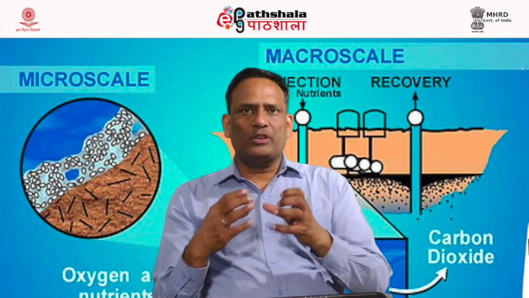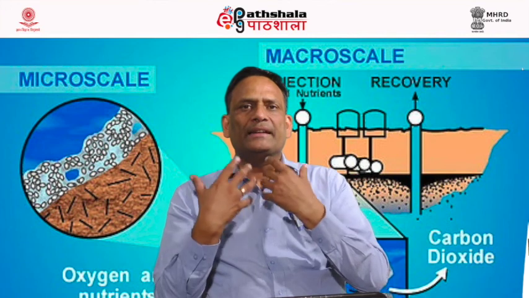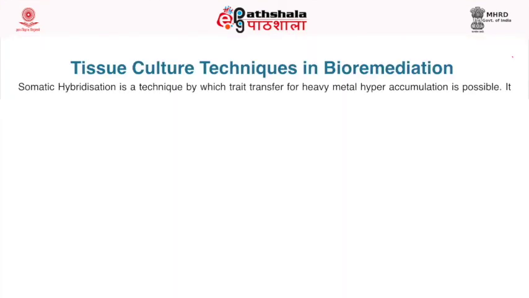For this, I would like to give you a few references of the studies which have been conducted by different scientists. Somatic hybridization is a technique by which trait transfer for heavy metal hyperaccumulation is possible.